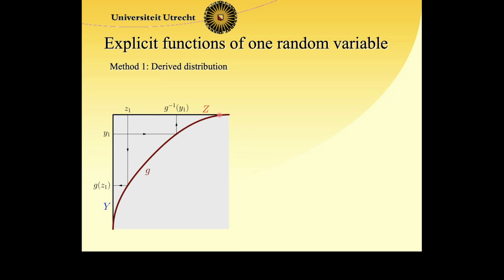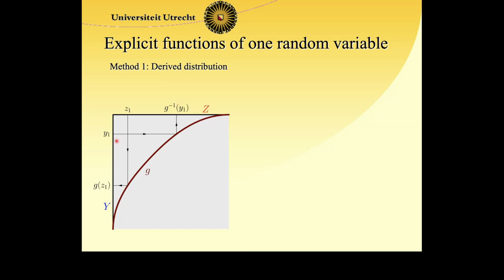If z increases, y increases as well, as you can see. Or decreases, sorry. In this case, it's a continuously decreasing one. So not only do we have for every z a unique value of y, but also the other way around. If we have a given value of y, we have a unique value of z.